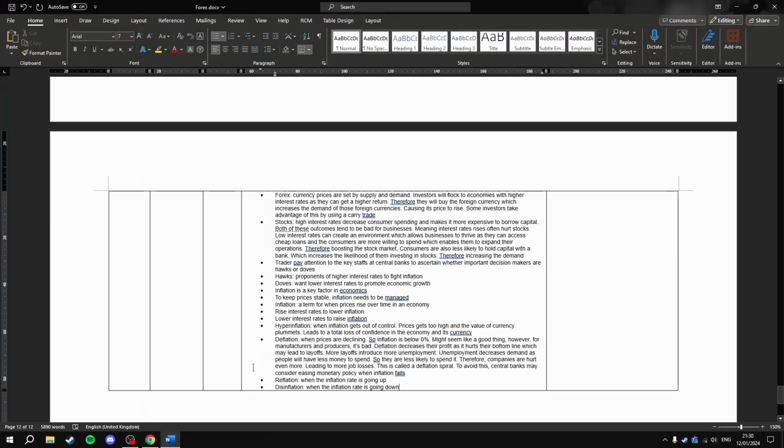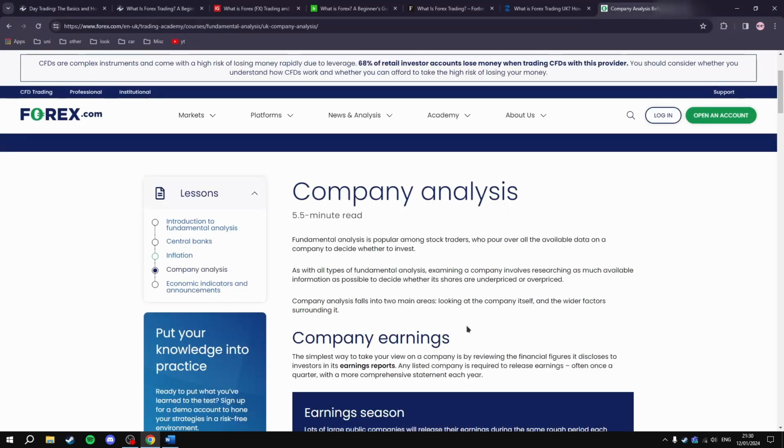Right, so company analysis. As with all types of fundamental analysis, examining a company involves researching as much information as possible to decide whether its stock is overpriced or underpriced.